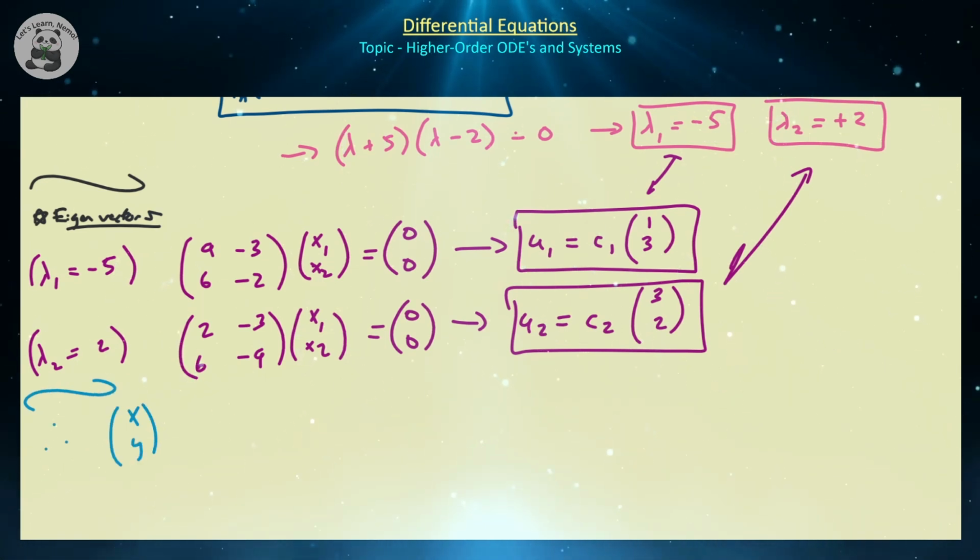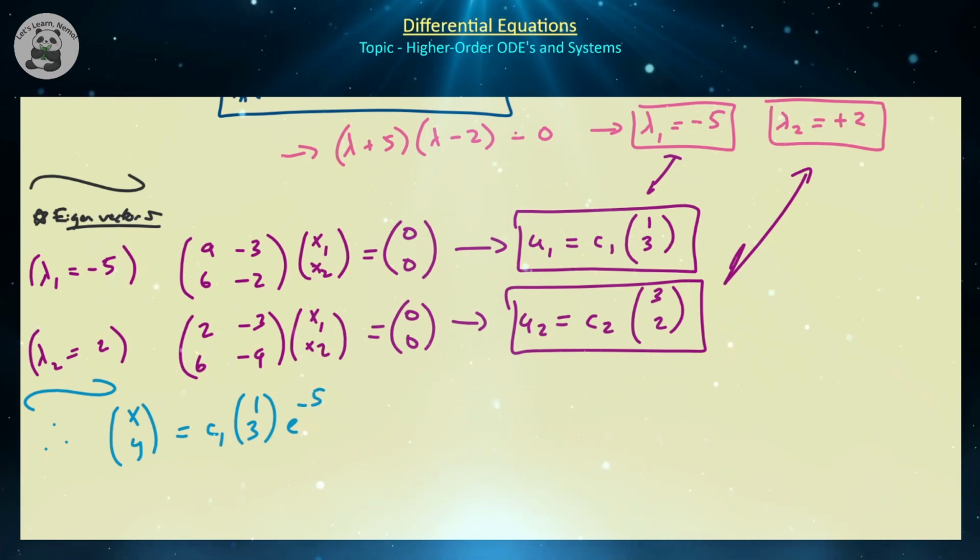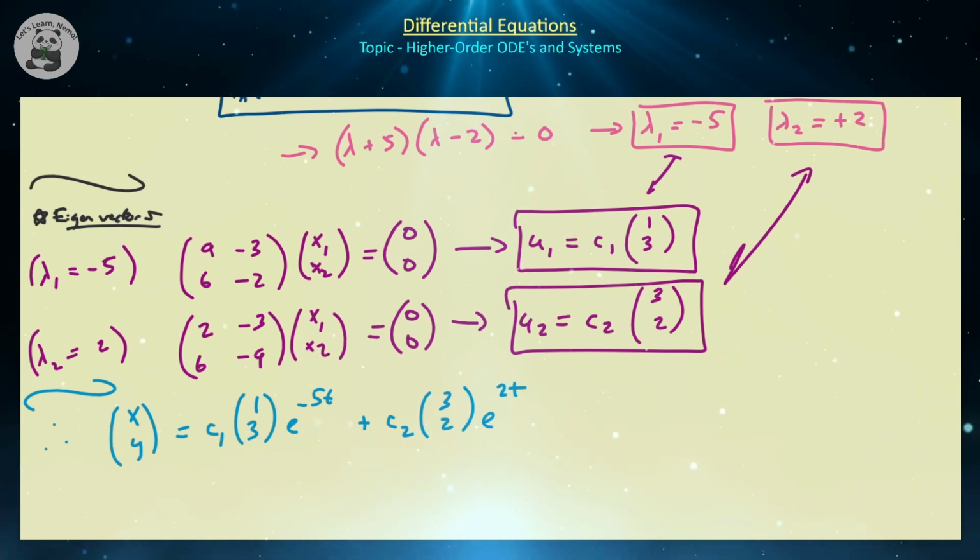That means (x, y) equals c1 times (1, 3) times e to the minus 5t, plus c2 times (3, 2) times e to the positive 2t.